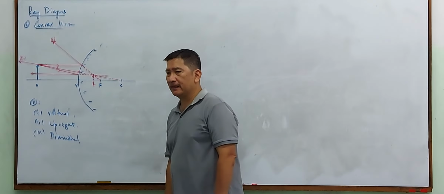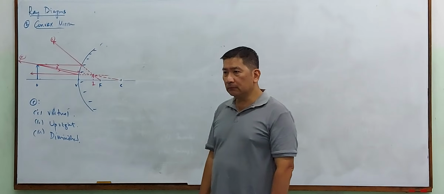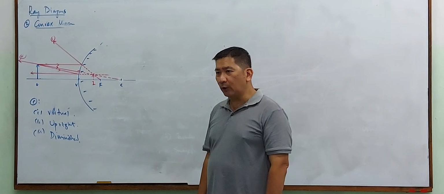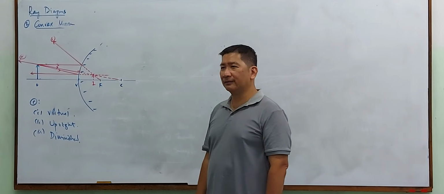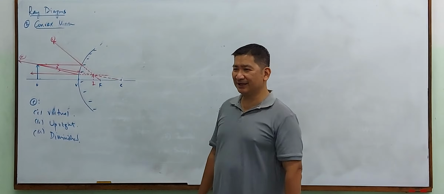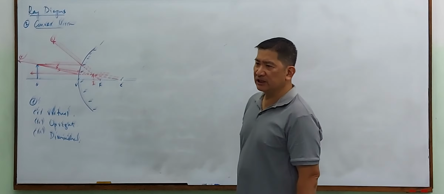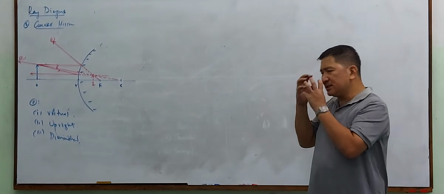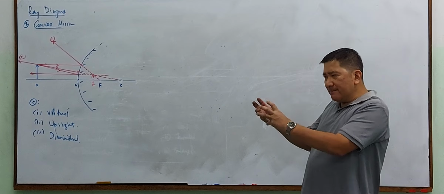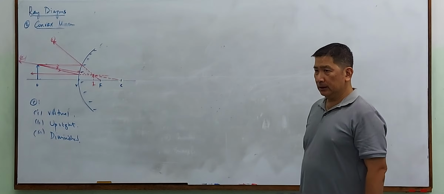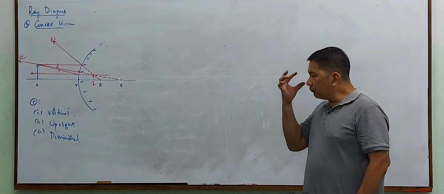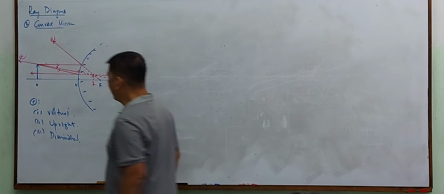Now, as long as it's virtual, we actually see the image form in our mind because of the light ray divergence. Let's say I put my eyes here.